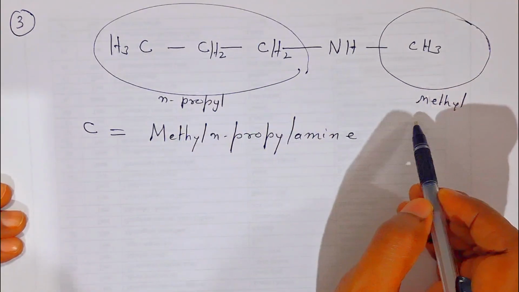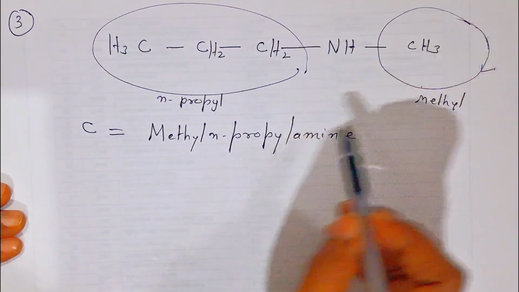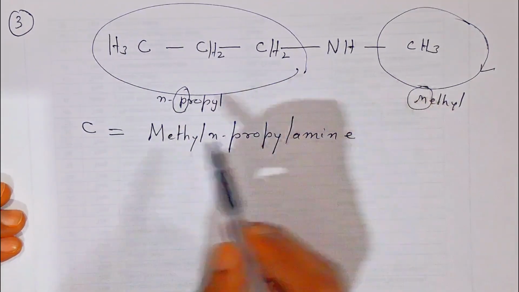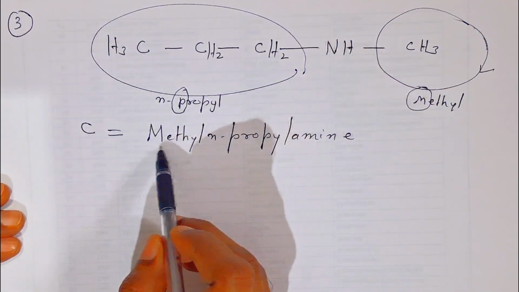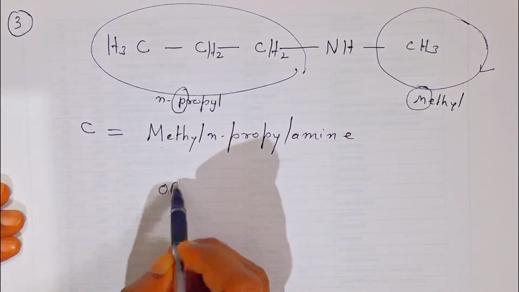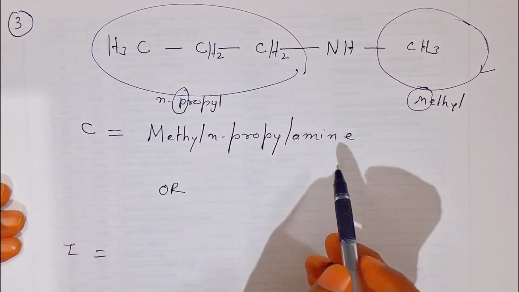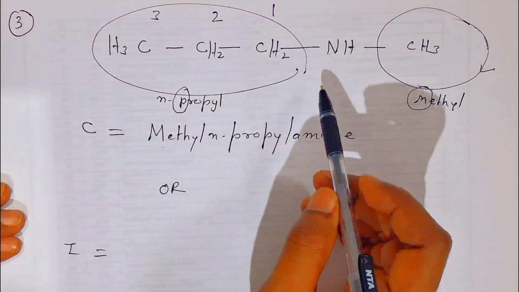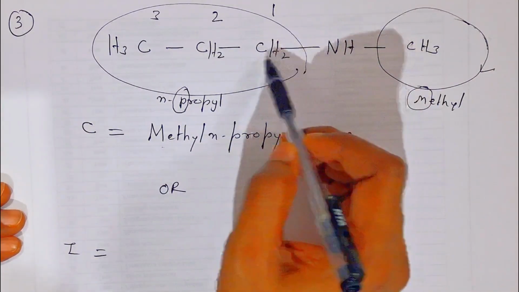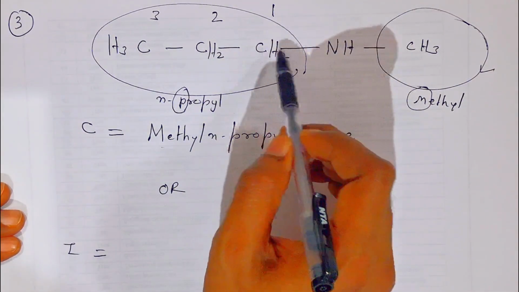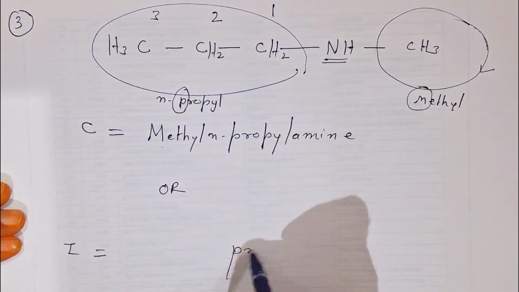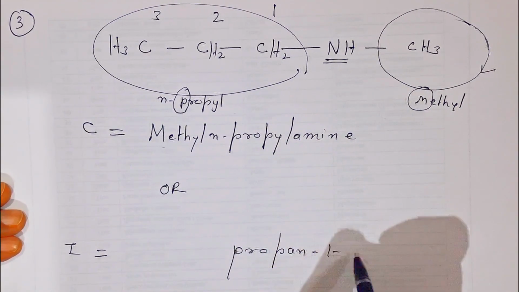So M is coming first, so we will name this first. Okay students, this M is very important, and here this P is very important. So we will name this molecule as methyl N-propyl amine. Now what will be the name in the IUPAC system? You have to select the longest chain of carbon. So 1 2 3. This is propane. In propane, the first carbon is attached to this nitrogen, so we call it propane-1-amine. Propane-1-amine will be the parent.